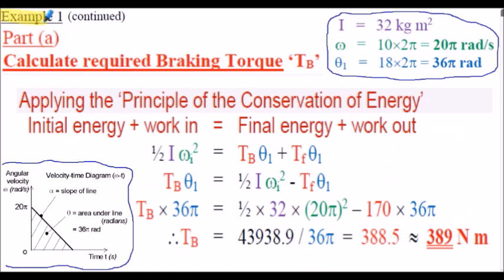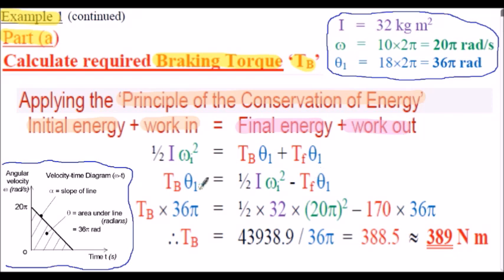Example 1 continued. This is part A. We're calculating the braking torque required, TB. So let's apply the principle of conservation of energy. Let's consider our initial energy and our work in equated to the final energy and any work out of the system.